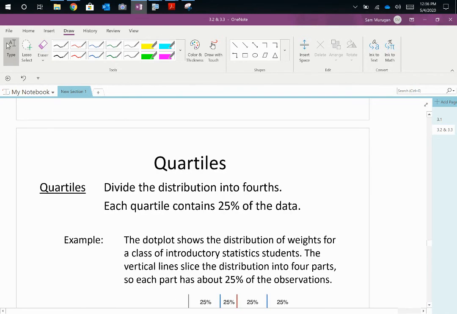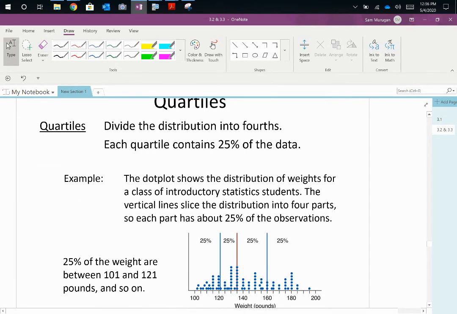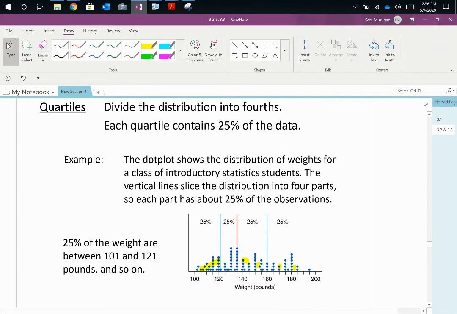Now, if we were to put all of this data on a dot plot, it would look like this. And if we were to divide the dot plot into quarters, each quartile contains 25% of the data.